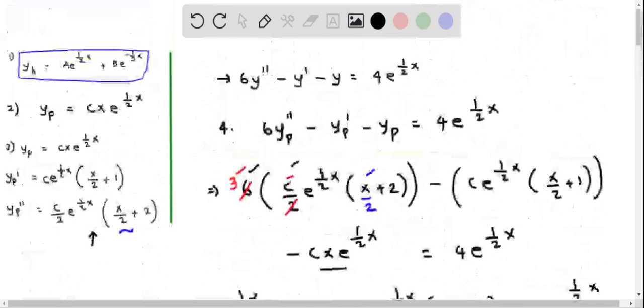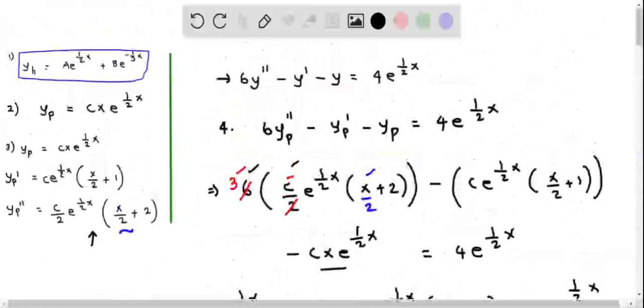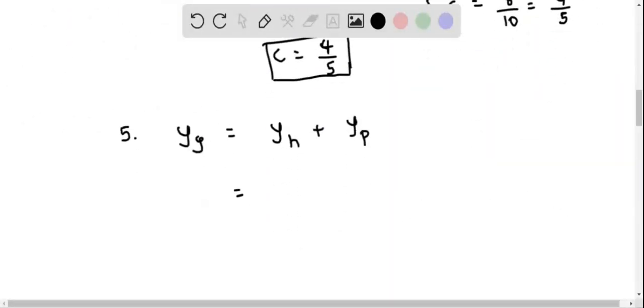And so now in the final step, that is in step 5, we write the general solution. That is y, the general solution, equals the homogeneous solution plus the particular solution. And so this equals, we take the homogeneous solution from step 1, which is a e power half x plus b e power negative 1/3 x. So here we write a e power half x plus b e power negative 1/3 x.